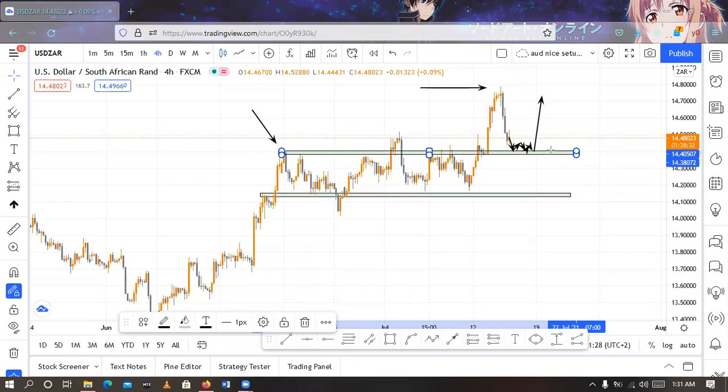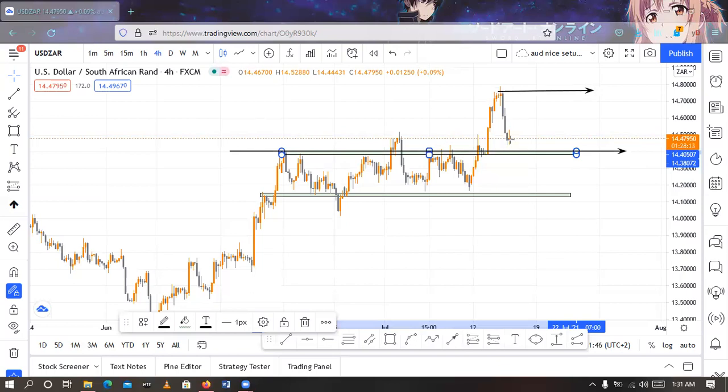Now, why am I saying this? Is because we have actually broken previous level of structure, which is the structure here, and we are actually seeing a new level being formed in the market, right?